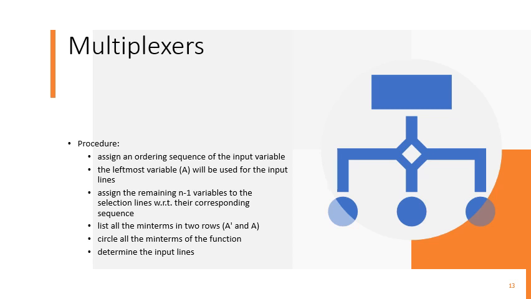In this case, the leftmost variable A, the most significant one, will be used for the input lines, and the remaining n minus 1 lines, B and C, should be connected to the select lines with respect to their corresponding sequence. Then list all the minterms in two rows, A prime and A, circle all the minterms for the function, and determine the input line, the process which we have already performed for the previous example.